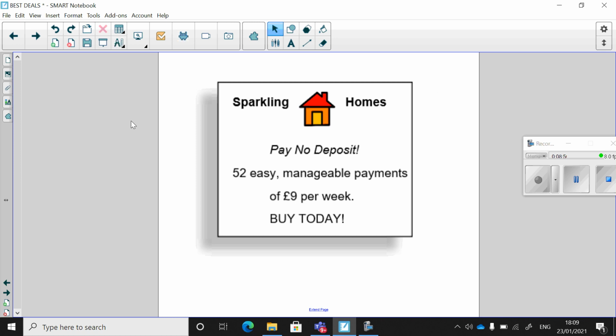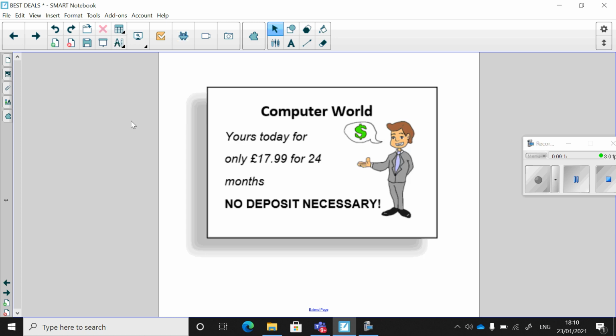So just going through them. The first one, Sparkling Homes, 52 easy payments. See the wording here, that's the hook to get you in. Easy payments, easy manual payments. I'll let you think about what calculation you need here. Next one, Computer World.